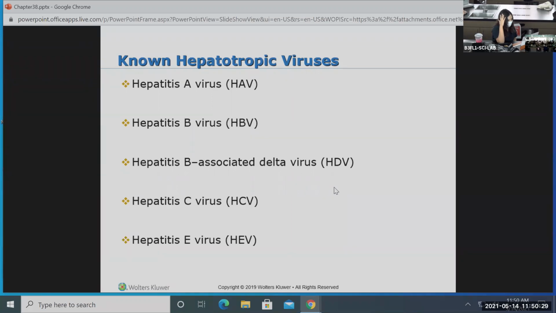Hepatitis A is spread from person to person by the fecal-oral route. Contaminated food, contaminated water, or infected food, infected water. But the good thing about hepatitis A is we do have a vaccine. We can prevent it if you're going to places where hepatitis A is endemic.